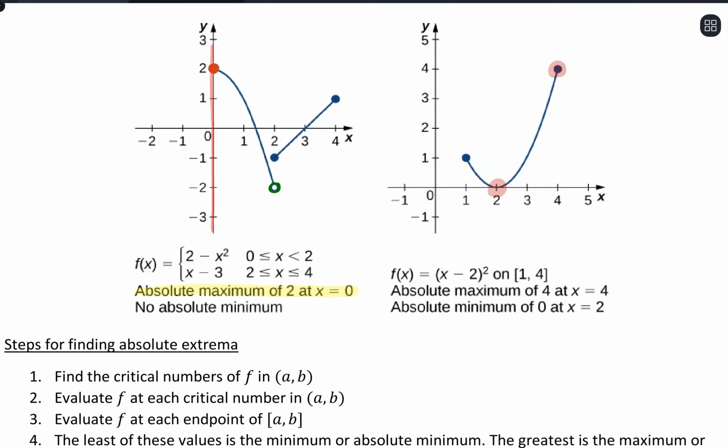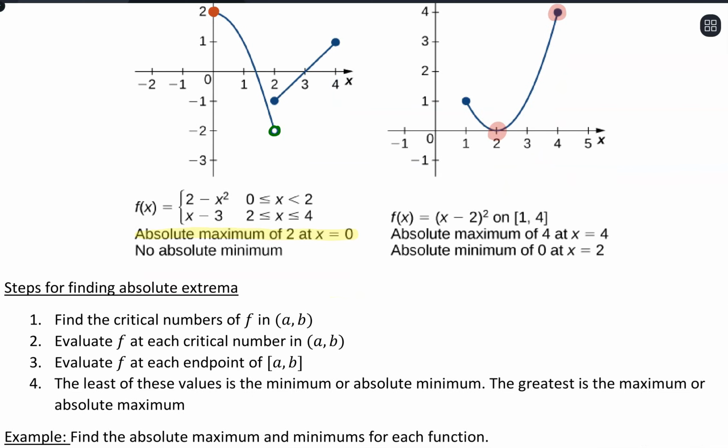Once we have these outsides of the interval, we have those values to compare. But then in terms of what's happening between those two values at the edge of the interval, we need to look for basically all of the relative extrema. So that work that we just did, we want to look for the relative minimums and maximums and see how those compare to these edge values from our interval.